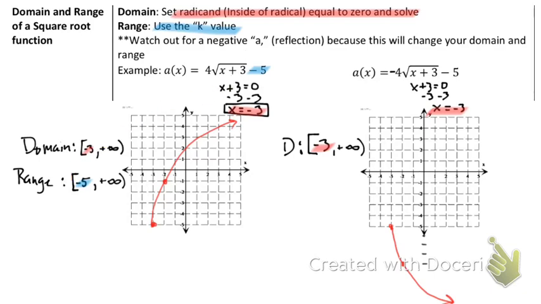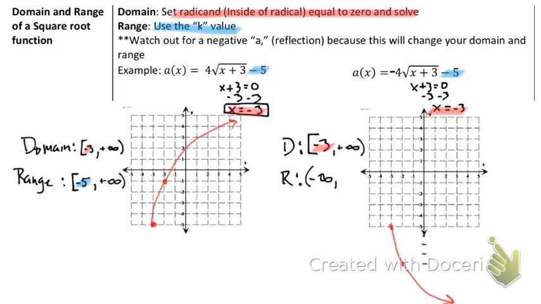Okay, how does it look for our other graph when it's flipped upside down? Our range in this case is going to look slightly different. Our -5 is still our k value. Now when we do the range, we look, how far down does my graph go? Since we're going down and we have an arrow pointing down, that means my range is going to be -infinity.